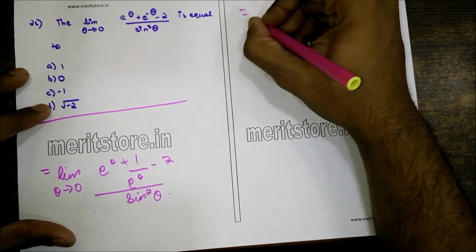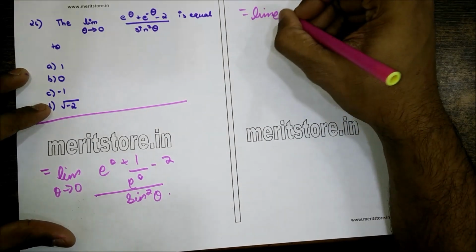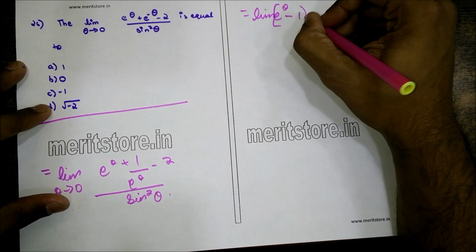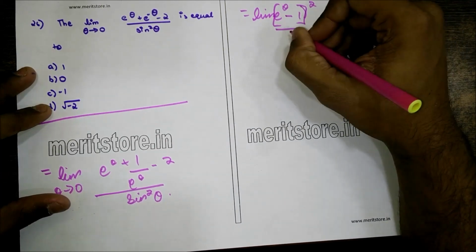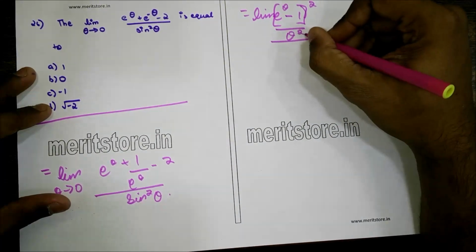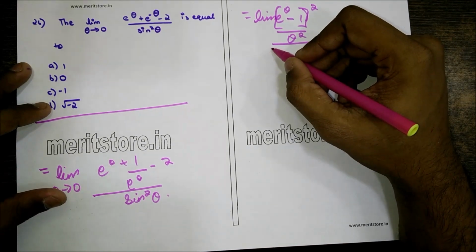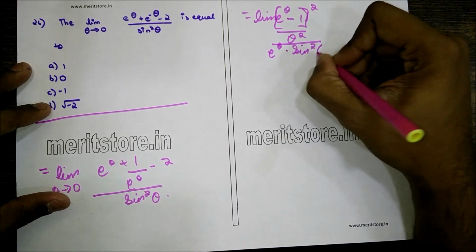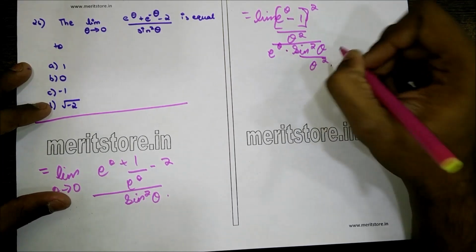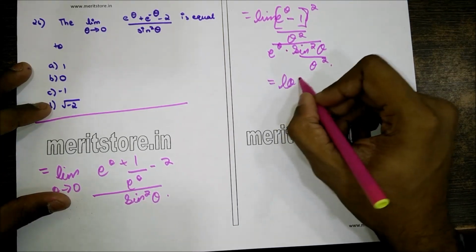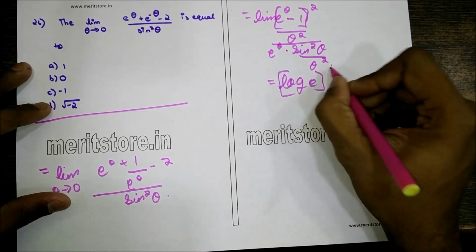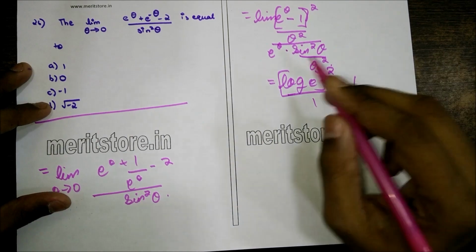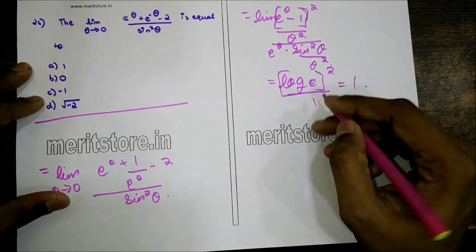Now that is limit of (e raised to theta minus 1) the whole square upon theta square upon e raised to theta into sine square theta upon theta square, which is equal to (log of e) the whole square upon 1, which is equal to 1 on applying the limit theta tends to 0.